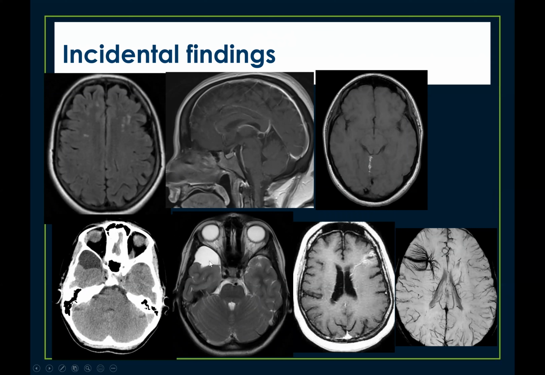Arachnoid cysts, this one in the right middle cranial fossa, they may be very large. There is remodeling of the adjacent brain structures, usually no clinical significance. Rarely they might have hypertensive physiology within, but usually they would then show some clinical manifestation.